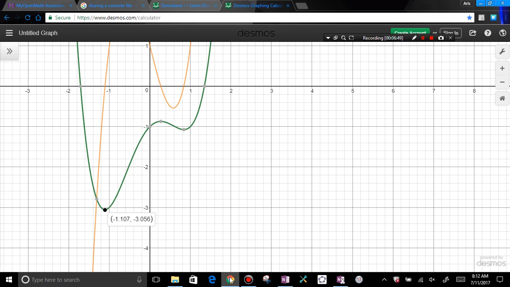So the green graph is the original graph. I thought it looked like it's decreasing. It looks like the green graph is decreasing from negative infinity to negative 1.07. It looks like the derivative is negative in all those parts.